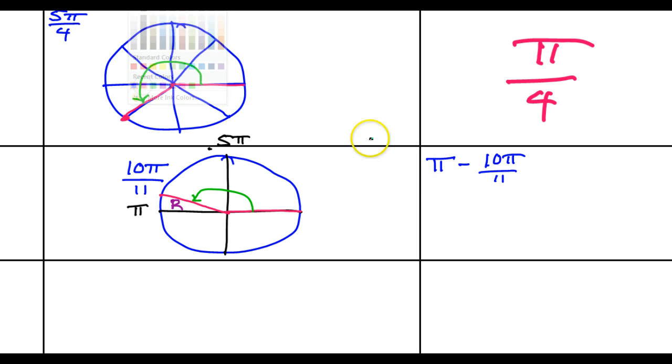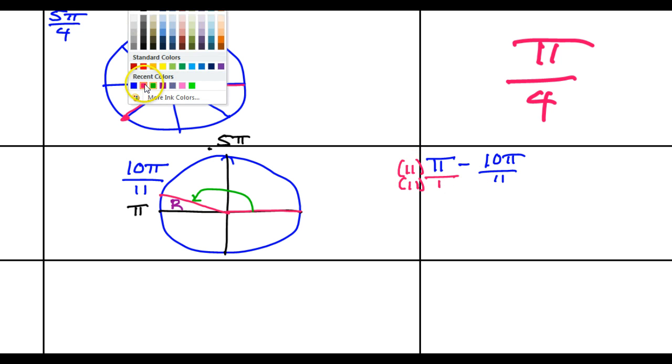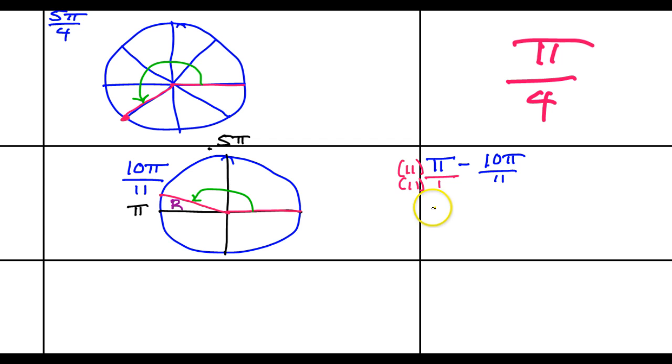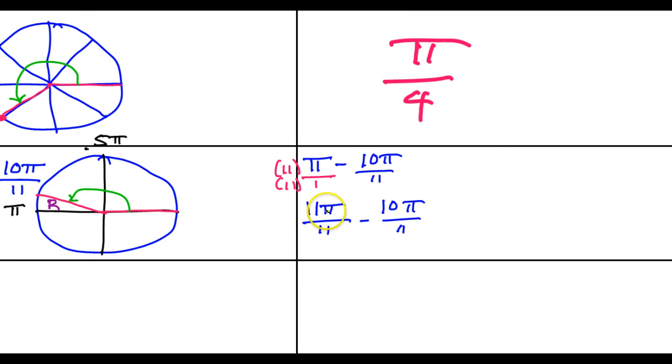So this is going to be like pi over 1, so I'm going to multiply by 11. That makes this 11 pi over 11 minus 10 pi over 11. So what's that going to be? Well, 11 minus 10 is 1.